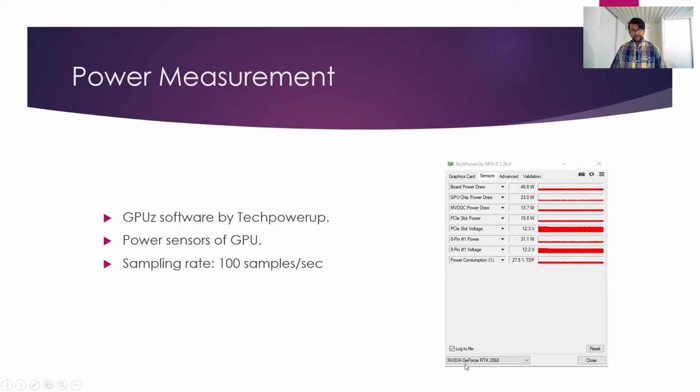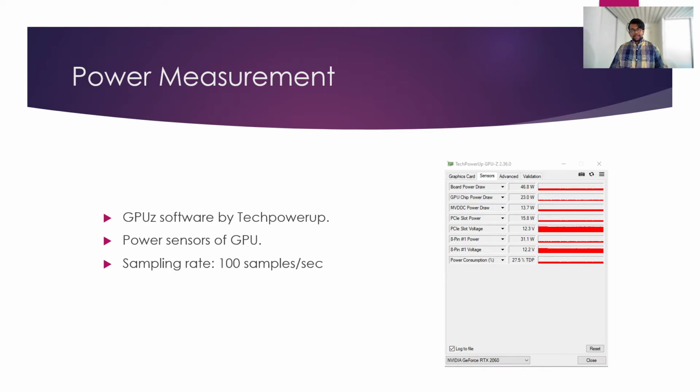We used an NVIDIA RTX 2060, and these are the sensors that were available on this GPU. This software generates a log file, and it has all the timestamps and the sensor values in different rows.